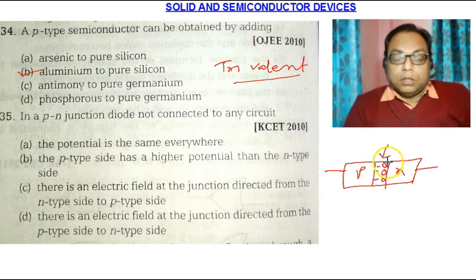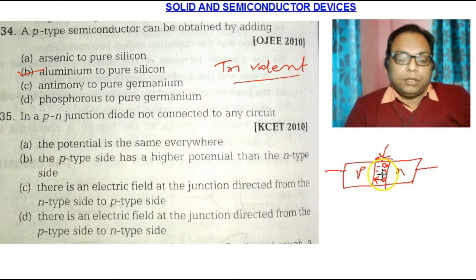Normally the electric field flows from positive to negative. If you see at the junction, this is positive and this is negative, so this would be the direction of the electric field. So N type to P type. There is an electric field at the junction directed from the N side to the P side. So C would be the correct option for this.